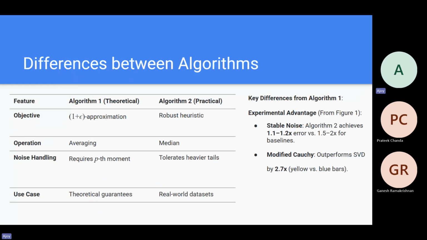In algorithm 1 we are averaging, and in algorithm 2 we are finding the median to find the best possible columns. Algorithm 1 is used for theoretical guarantees where there are not many outliers, and algorithm 2 is more towards real world data where outliers may be present.